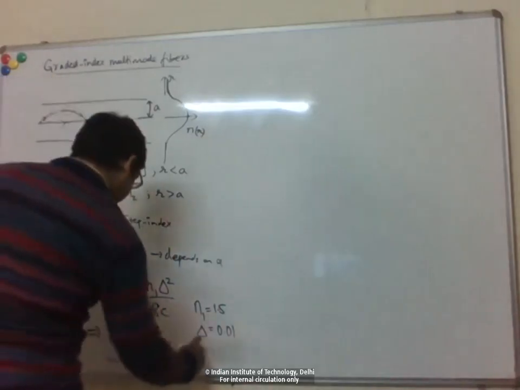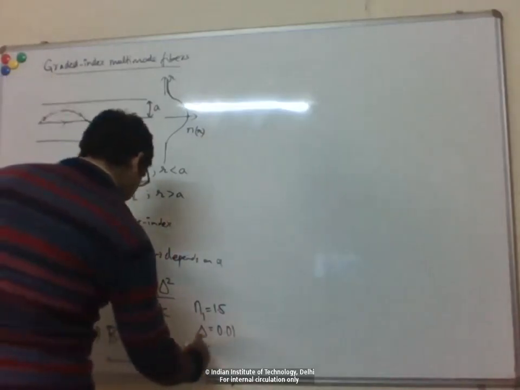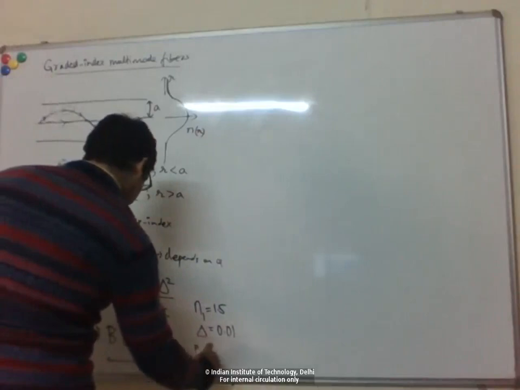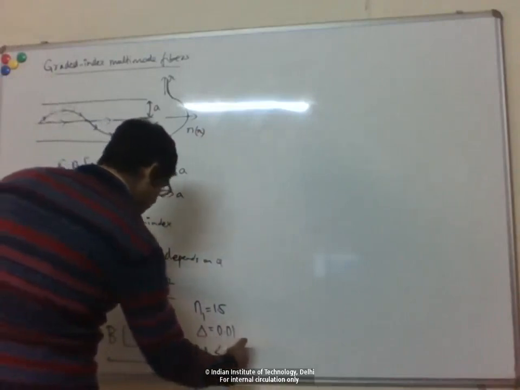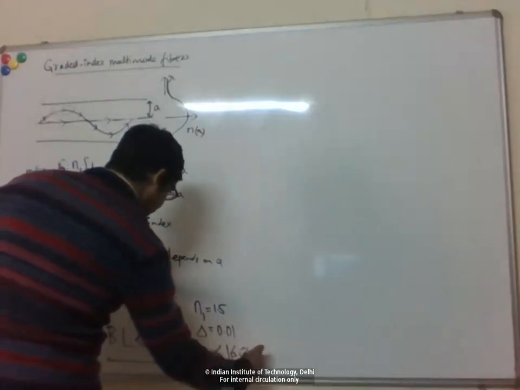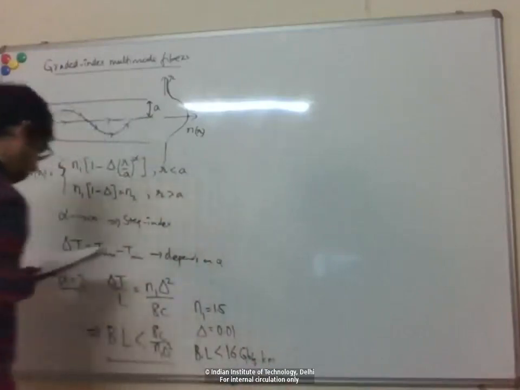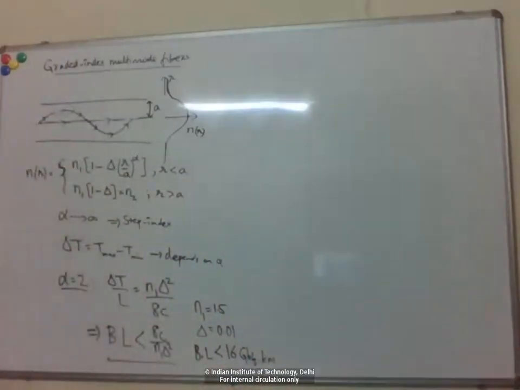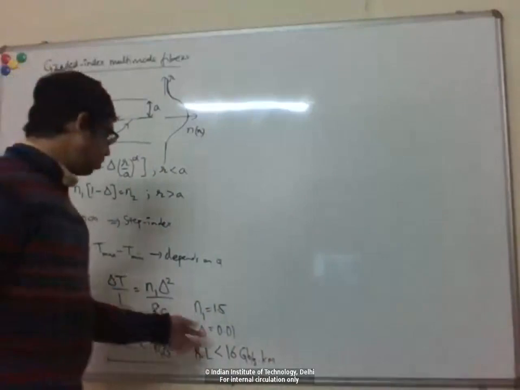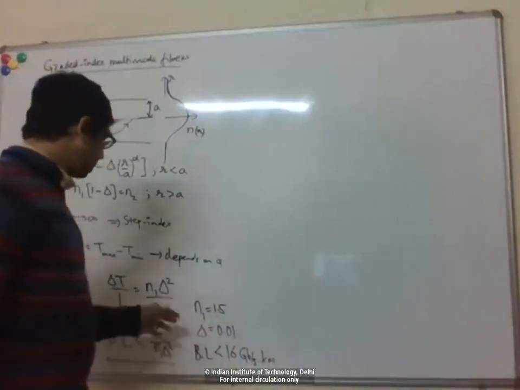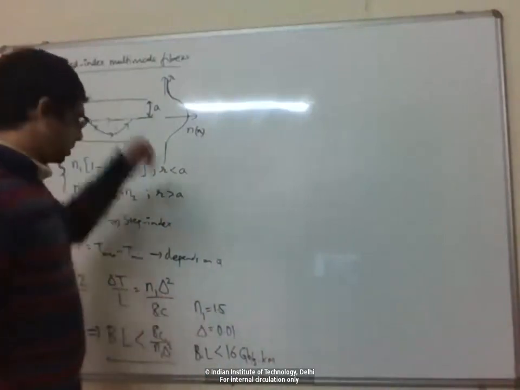If you put the numbers here, you get 16 gigabit per second kilometer. So you can see that we get an improvement by 2 to 3 orders of magnitude just because of these curved paths.